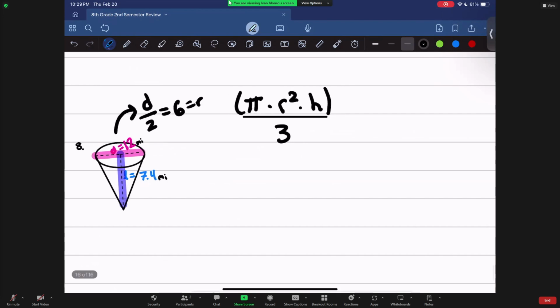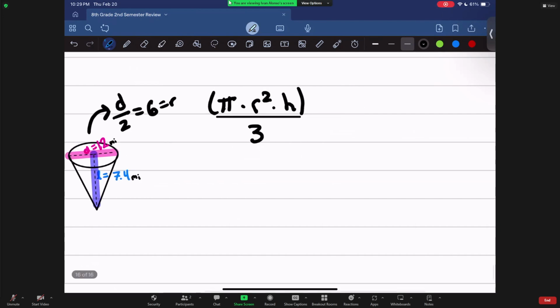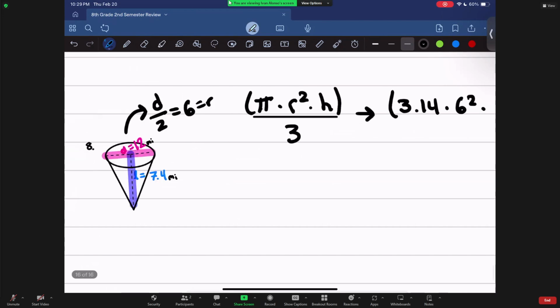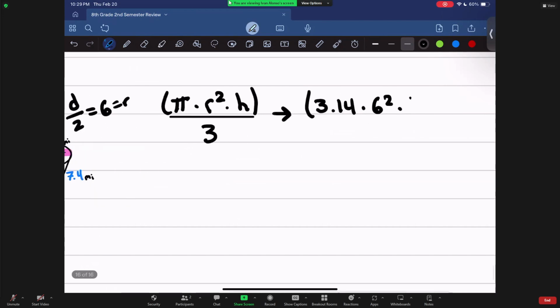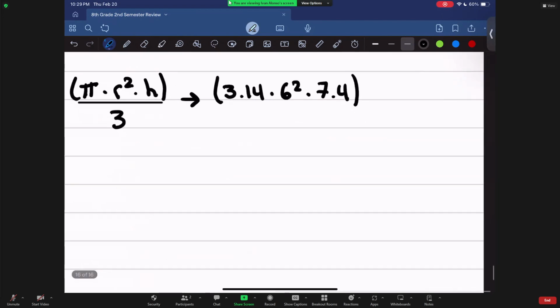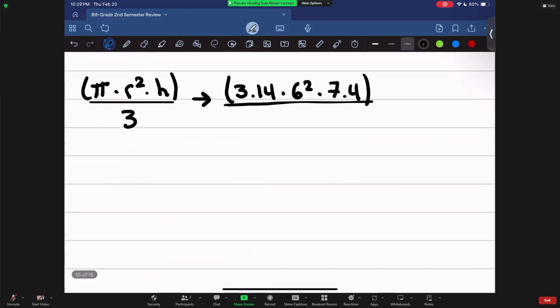And now that I know that, I'm gonna go over. I'm gonna note that I'm moving this right here. The 3.14 times 6 squared times the height. And the height in our case is 7.4. Well, if you notice, it's actually in length, but it's the same exact thing. You guys just gotta keep that in mind. And this is all over 3.